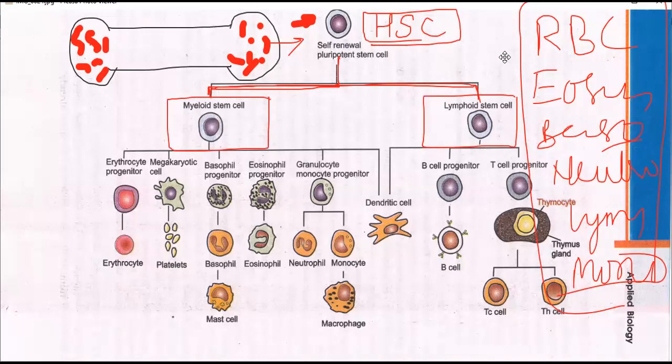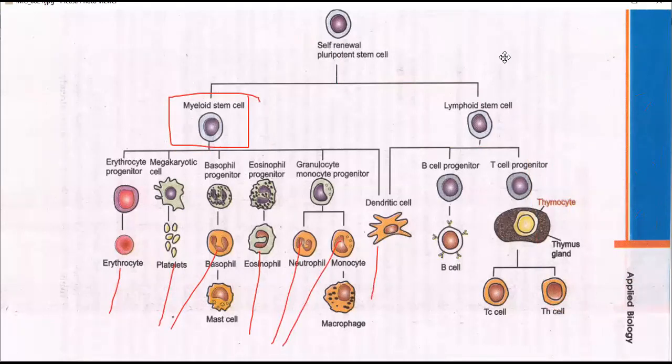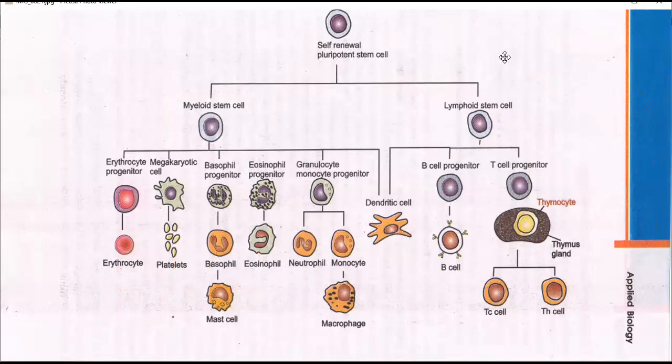Okay, so let's take from here. Myeloid stem cell is going to form RBC, platelets, basophil, eosinophil, neutrophil, monocyte, and the dendritic cells. All these are formed from myeloid stem cell. It's difficult to remember, isn't it? So you just remember the lymphoid stem cell, because lymphoid stem cells are going to form lymphocytes.